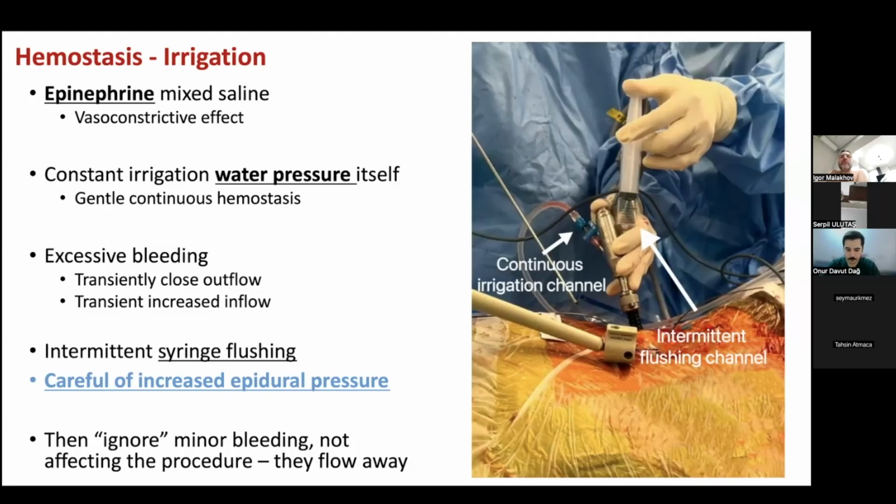The only thing you need to be careful of at this point is increased epidural pressure. But in general, a very short period of flushing would not affect the patient. Other than major bleedings, you can simply ignore minor bleedings if they do not affect your procedure. They might just flow away with the saline irrigation.